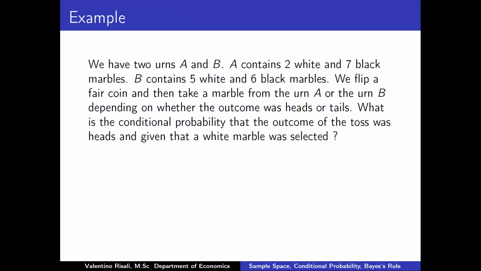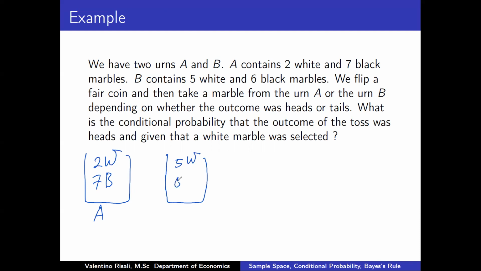example. In this example, we have two urns, A and B, where A contains 2 white marbles and 7 black marbles. This is for urn A, and for the second urn, we have 5 white and 6 black.